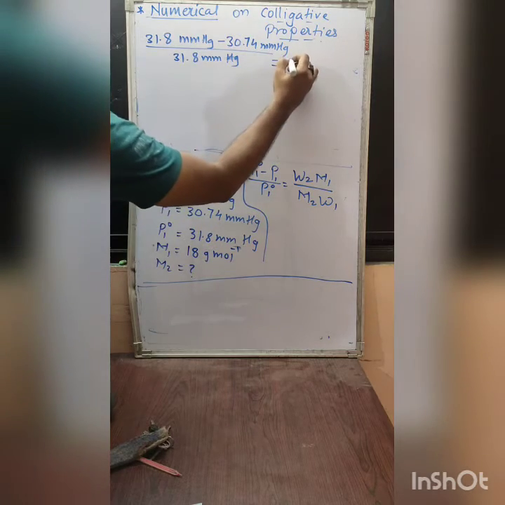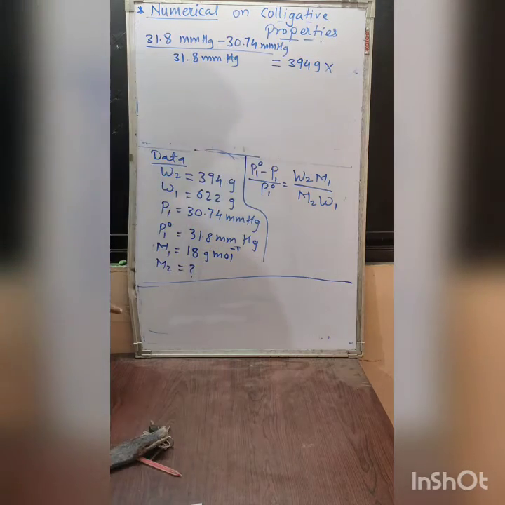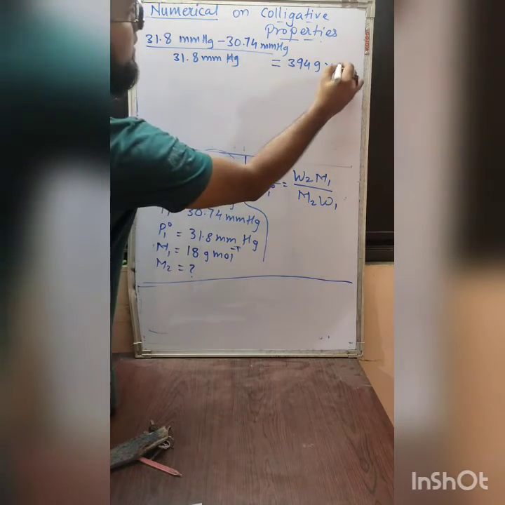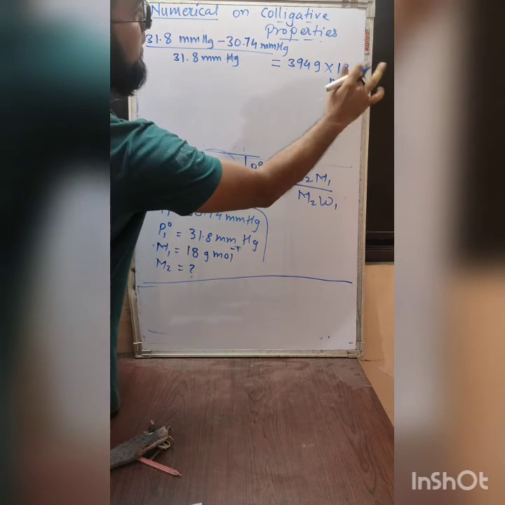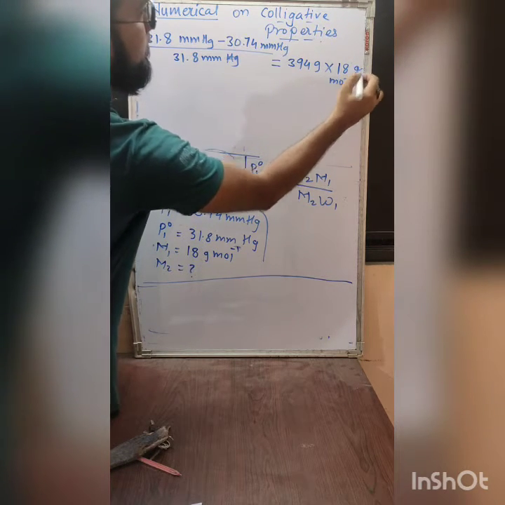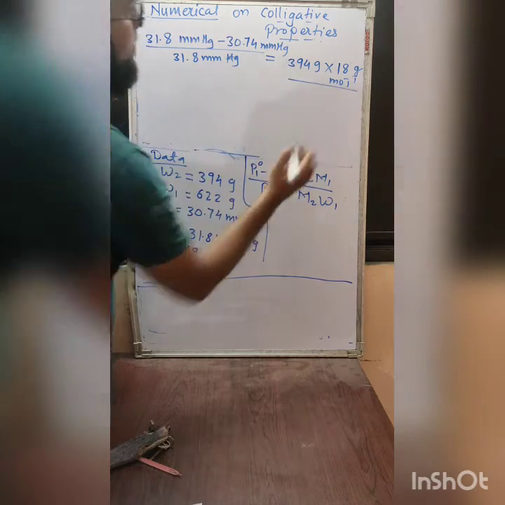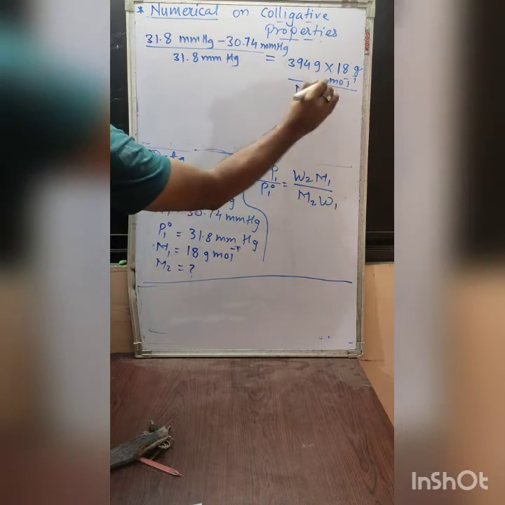W2 is 3.94 gram into M1. M1 is 18 gram per mole, upon M2. We have to find out M2.